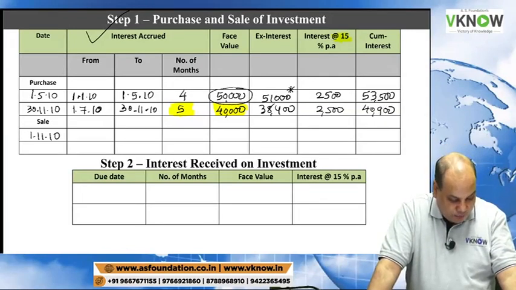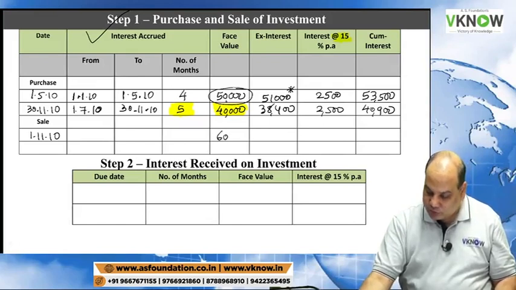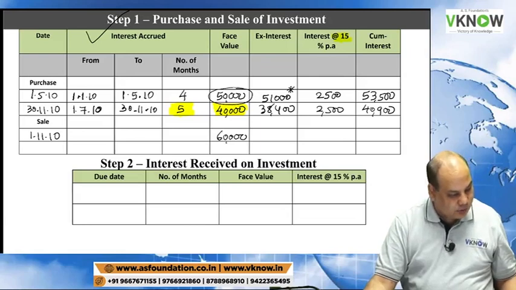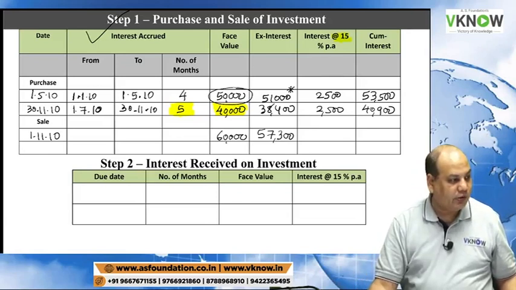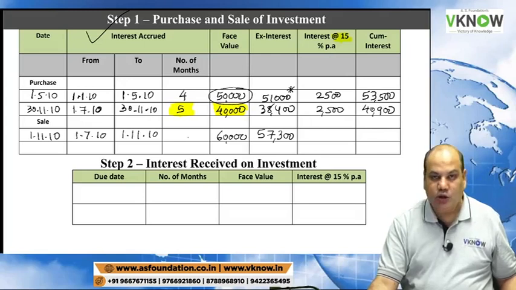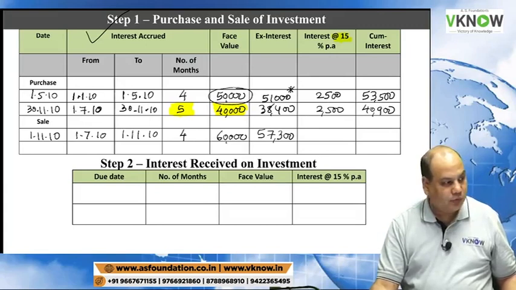On 1st November 2010, 600 debentures are sold. 600 means 60,000 sold, ex-interest at 57,300. Interest will accrue from 1st July 2010 to 1st November 2010: July, August, September, October, 4 months.